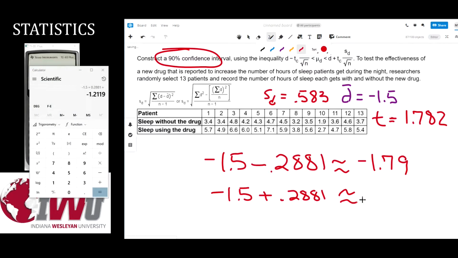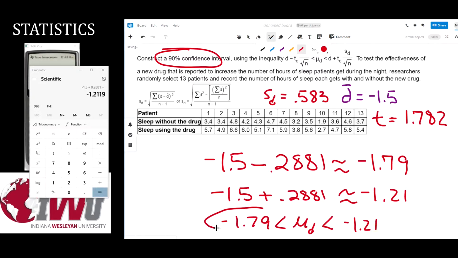So our interval is going to be from negative 1.79 less than that mean paired difference, less than negative 1.21. And so that is going to be our confidence interval.